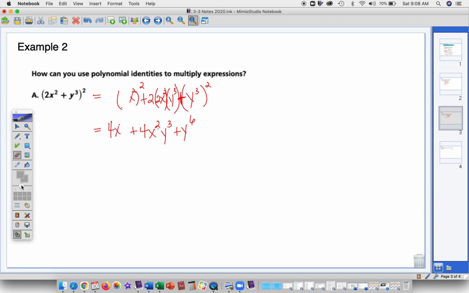Let me rewrite this. Okay, so the first term, 2x squared, and we're squaring it. Let me spread this out.